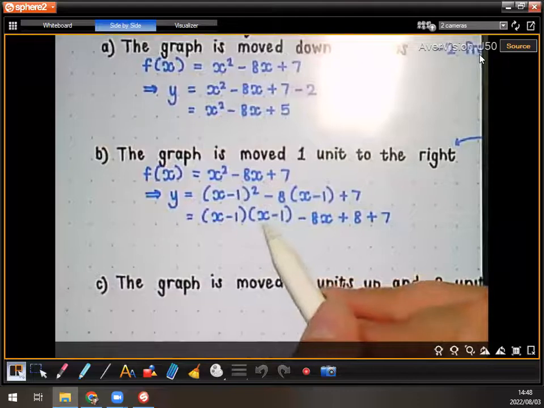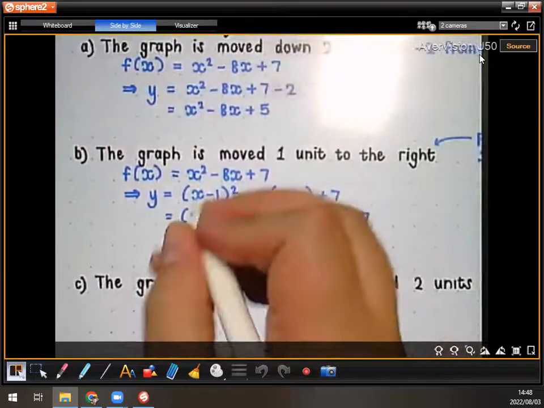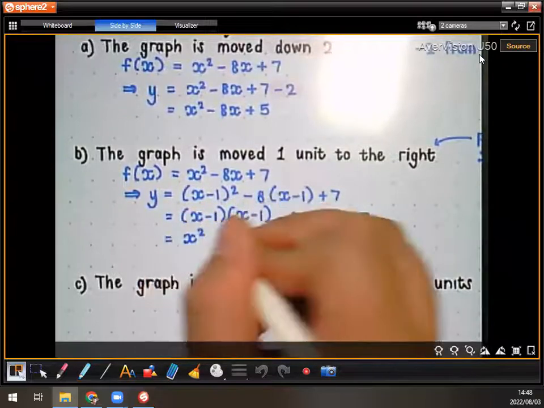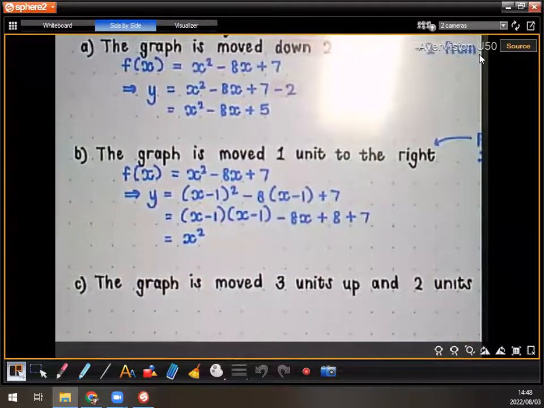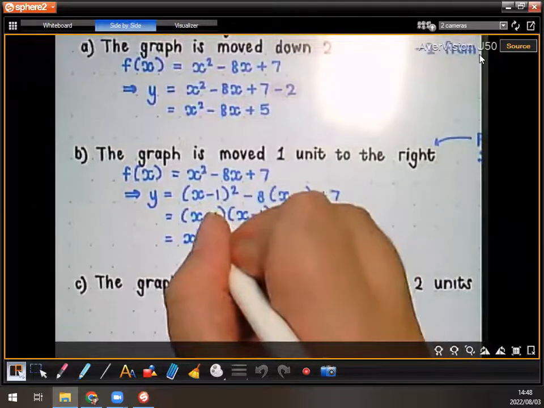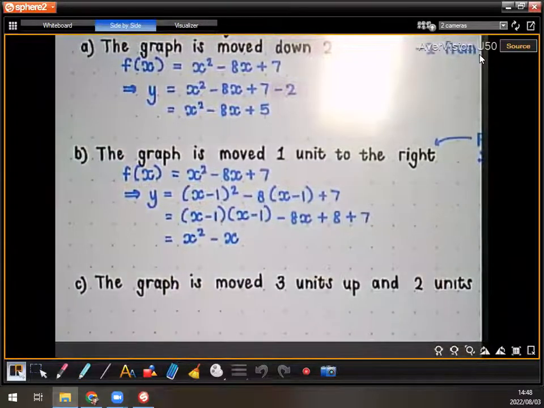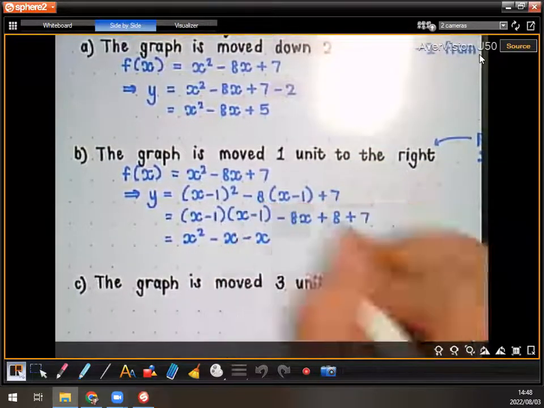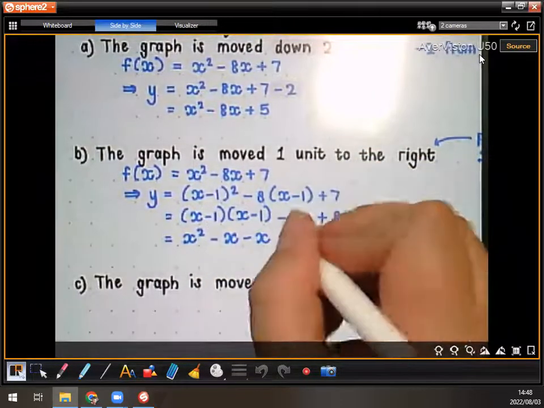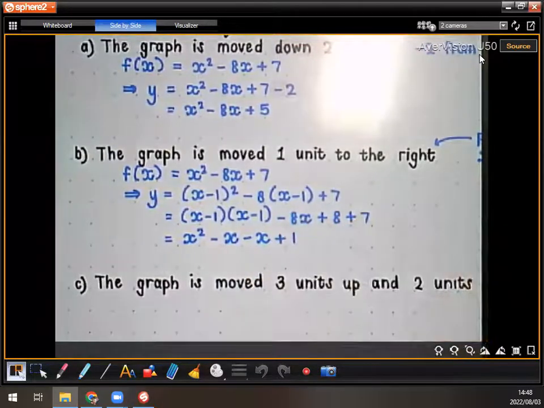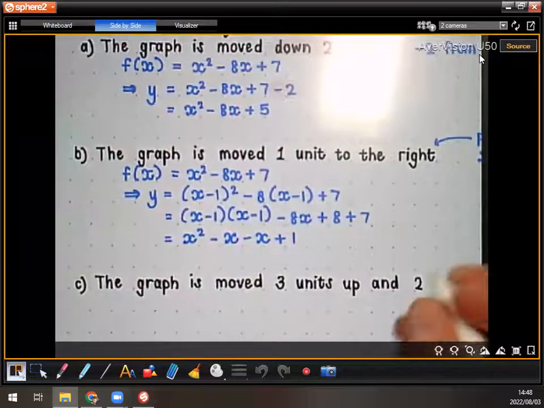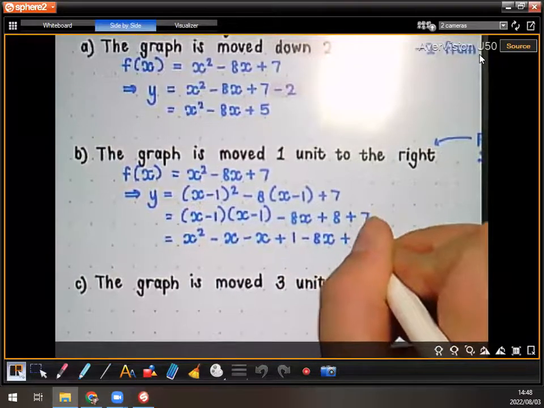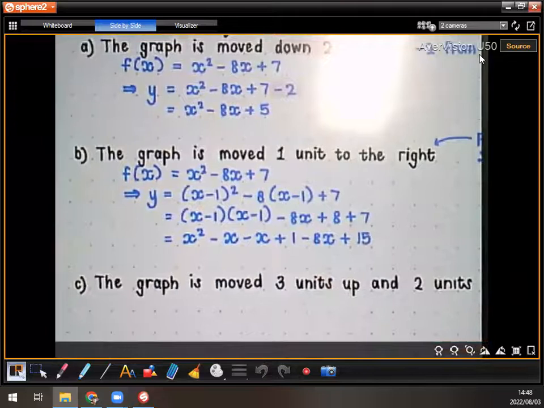But when we FOIL this out, we are going to get a constant term as well. So I'm just going to do that quickly. X times x is x squared. When you do your outers, x times negative 1 is negative x. Your inners, negative 1 times x again is negative x. And then negative 1 times negative 1 is plus 1. And then we have all the other stuff that we've had already. I'm just going to simplify this to 15, right? Is that fine? 8 plus 7 is 15.